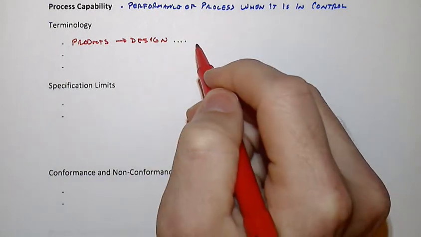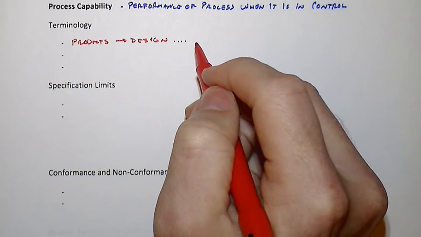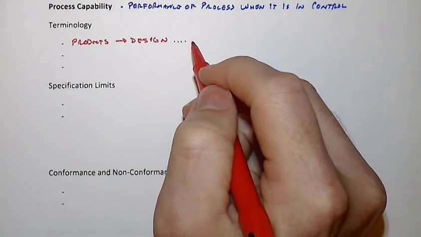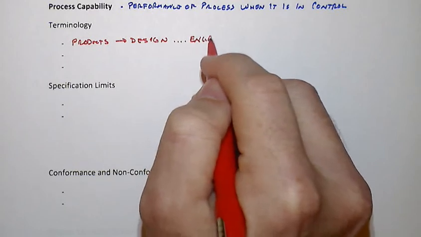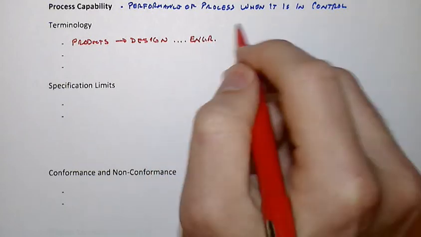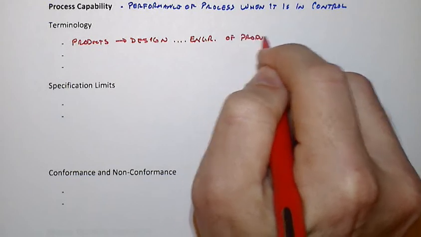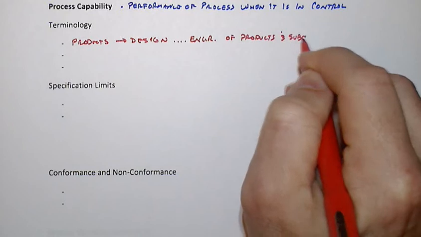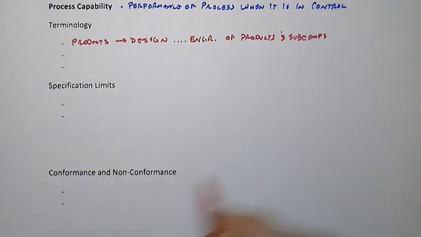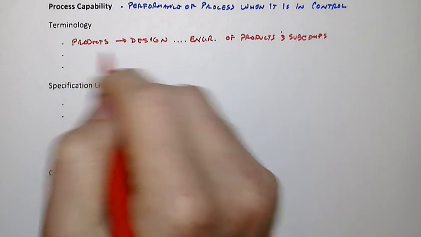We've done some marketing surveys, business studies to indicate a particular product and some general functional characteristics, but now when we get into design from an engineering perspective and a production perspective of the product or its subcomponents, we have to think about what those key characteristics are going to end up being.